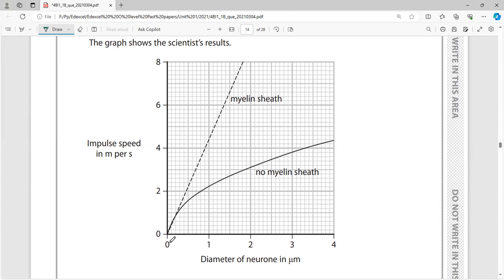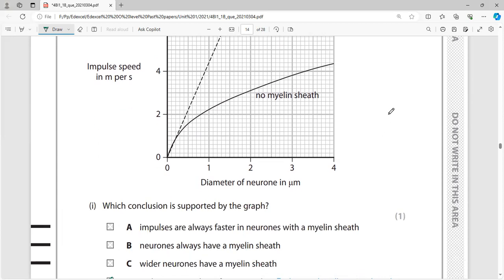For example, if you move from 0 to 1 to 2 and 3 micrometers along the x-axis, the diameter is increasing, so the speed of impulses is also increasing. Second, non-myelinated nerves have less speed compared to the myelinated nerves. So that's the data we are getting from this graph.